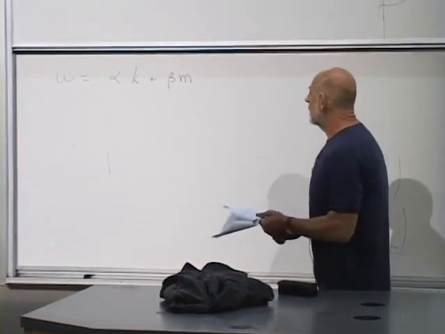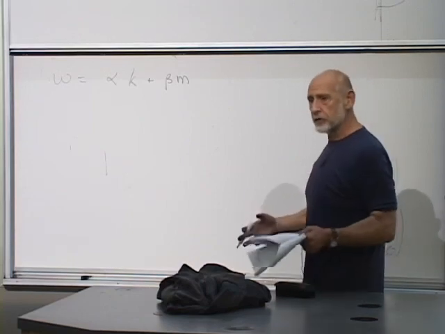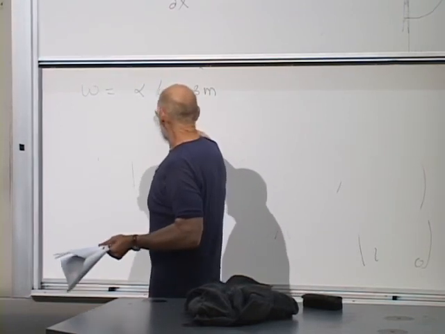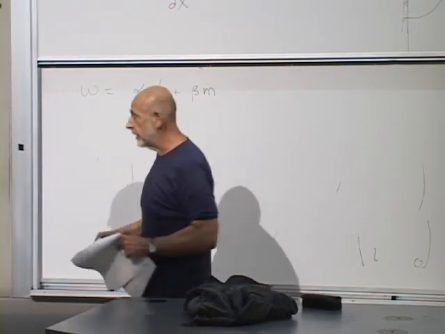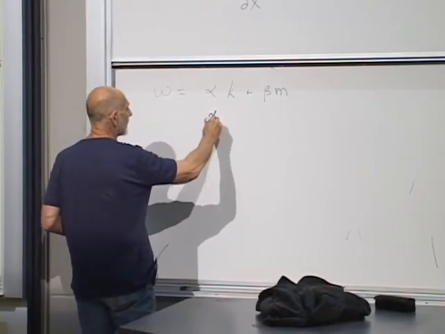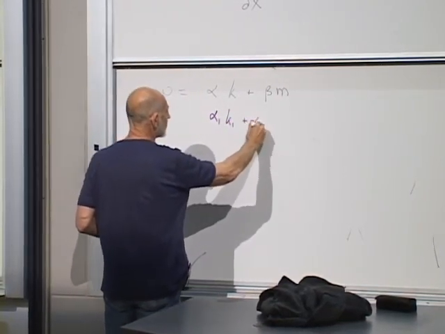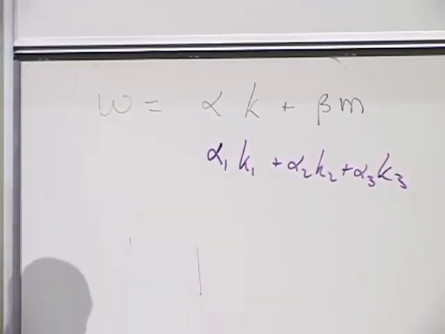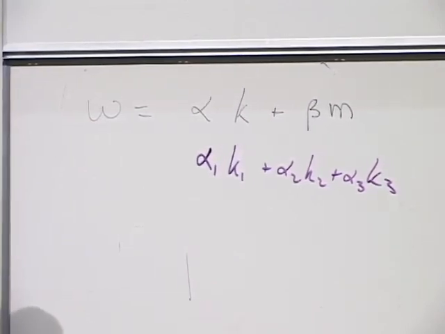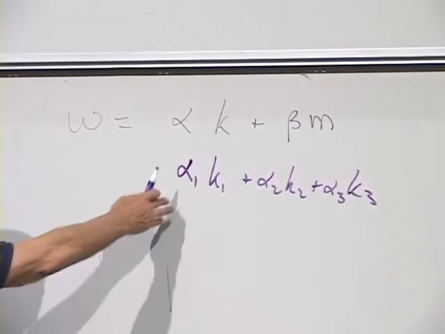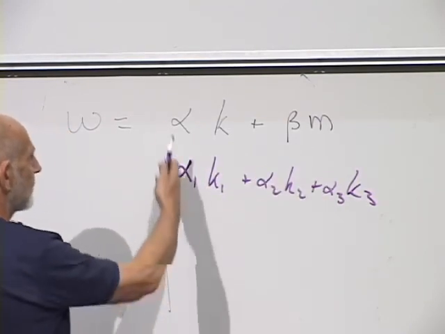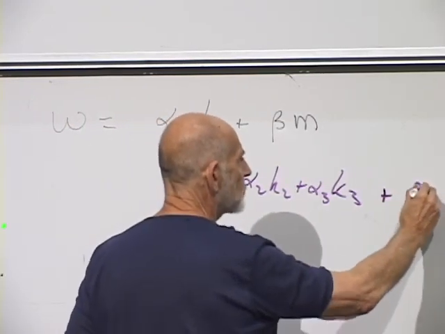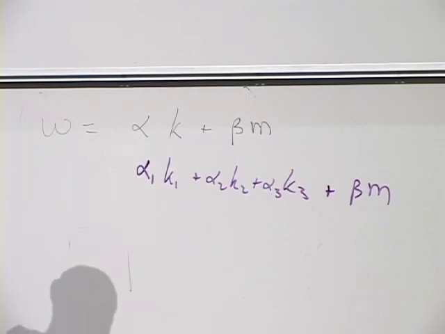Now Dirac said, let's try this in three-dimensional space. I have three components of momentum, and therefore I have to have three components of alpha. It had better be of the form alpha 1 k1 plus alpha 2 k2 plus alpha 3 k3, plus beta m. Three components of k; 1, 2, and 3 now mean x, y, and z. He said, that's the most general linear thing I can write down.